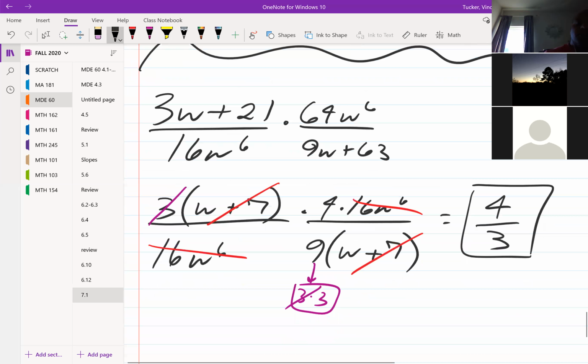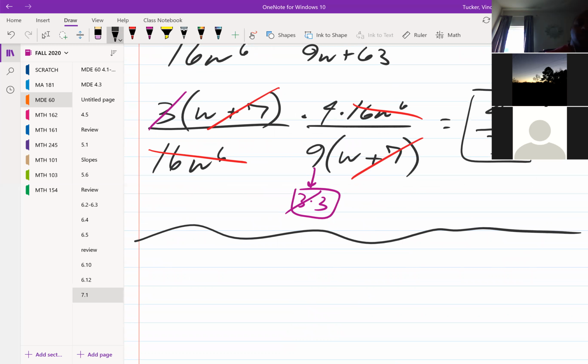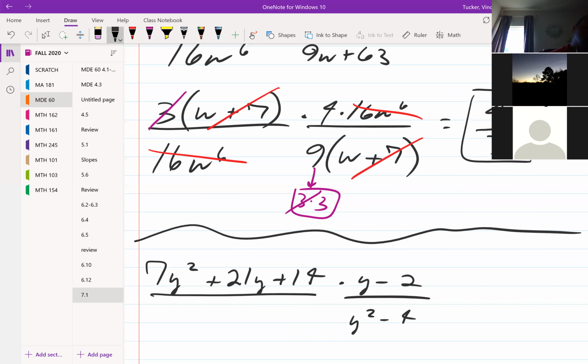All right, let's do a few more. Make sure we are good. So we have 7y squared plus 21y plus 14 over 35y plus 35 times y minus 2 over y squared minus 4.